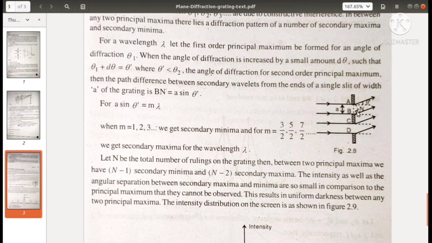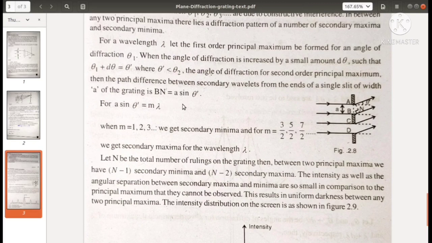The path difference between these lights coming from the endpoints of a single slit is represented by Bn prime, which we obtain as a sin theta, by the similar procedure we did in the previous figure. So the path difference between the endpoints of a single slit is a sin theta.